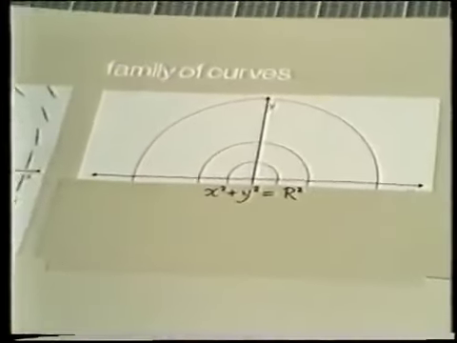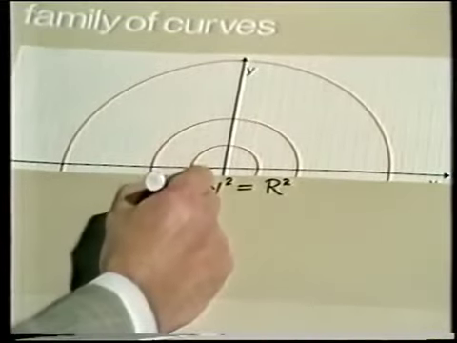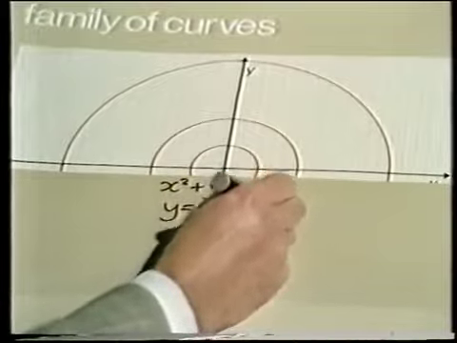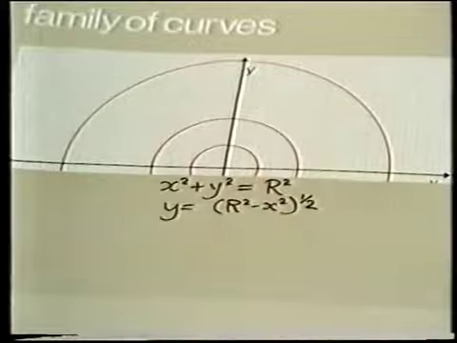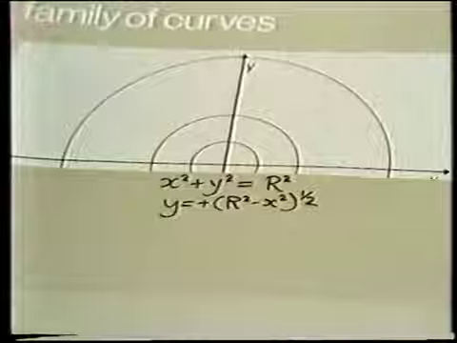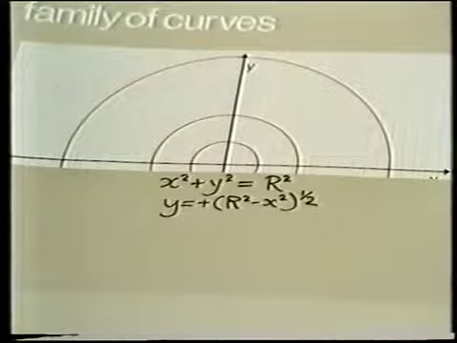And now we have to turn that round to turn it into a function. And that will be y equals, and we'll put the positive square root so as we check the upper half of the plane. Now, we have to differentiate that to get tangents.